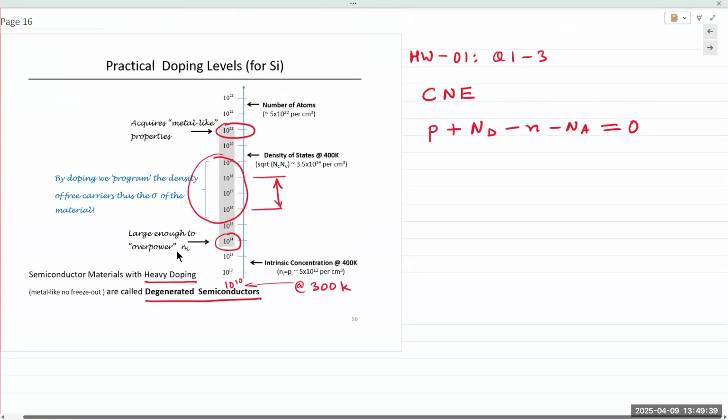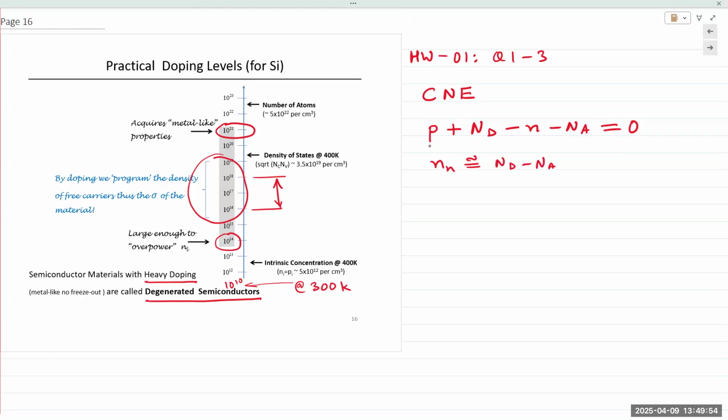So in an N-type material, we already saw NN is approximately equal to ND minus NA, and P would be equal to Ni squared divided by ND minus NA.